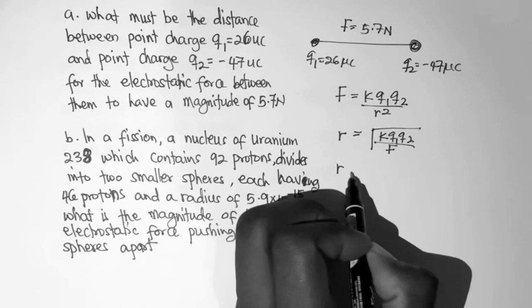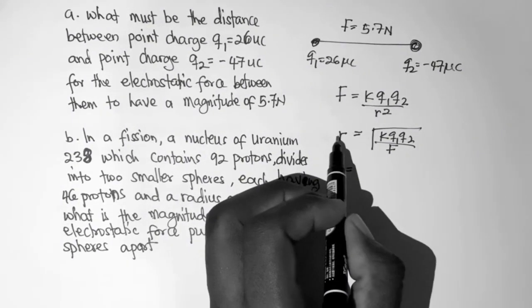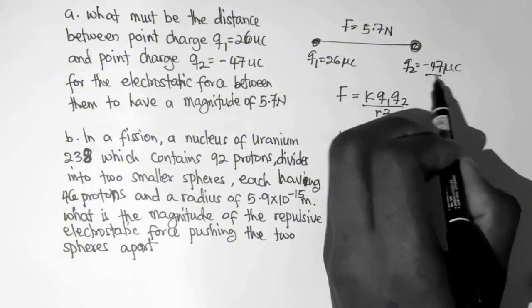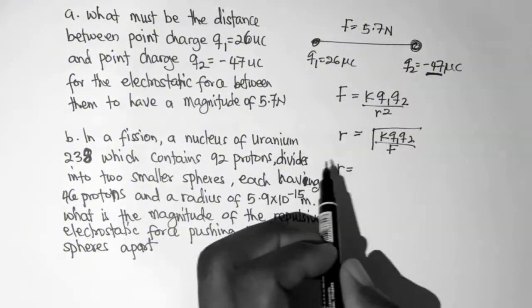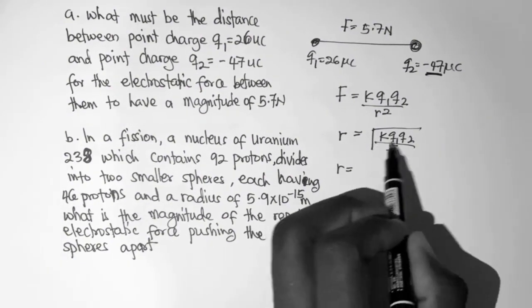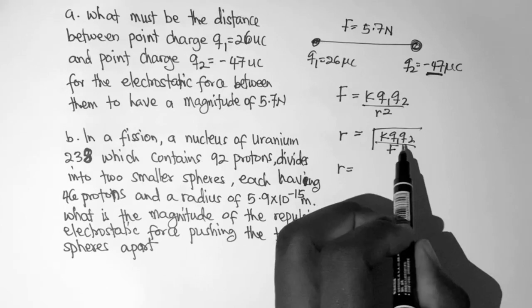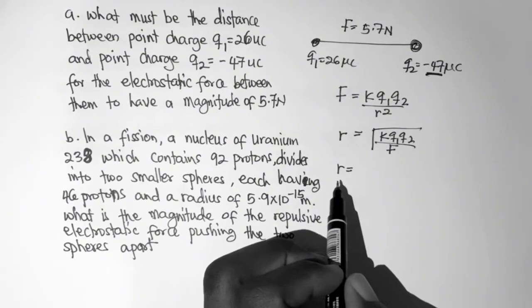So R is equal to, nonetheless, we cannot have a negative distance, and therefore this minus 47 microcoulombs, we are going to take the absolute value of it. And also, we cannot find the square root of a negative number, else we will run into imaginary numbers, and distances are not imaginary.